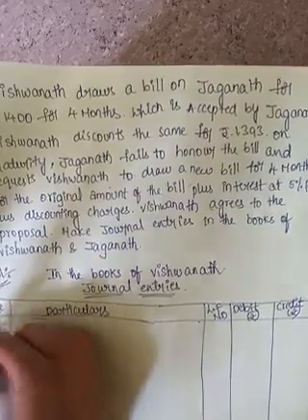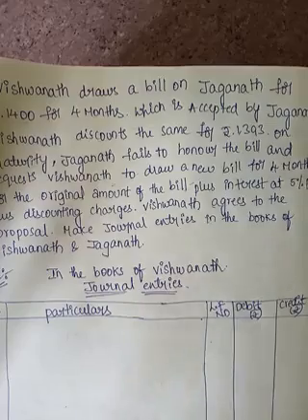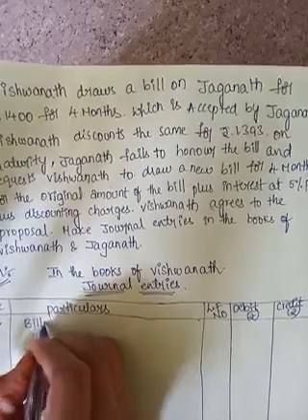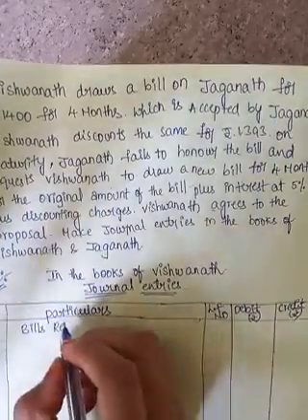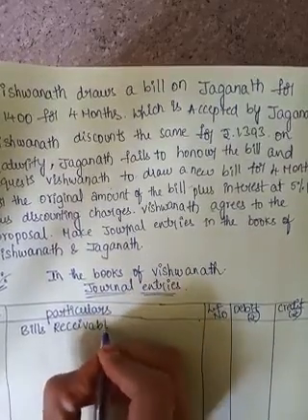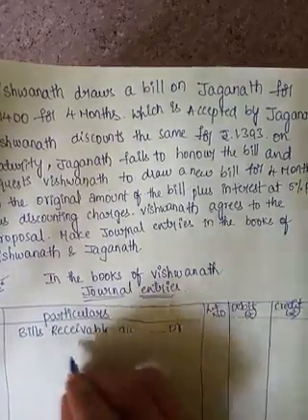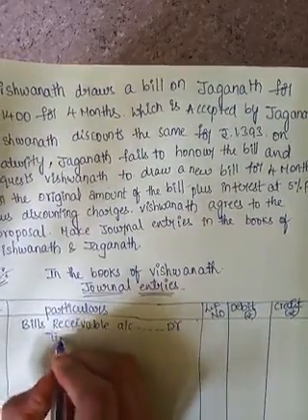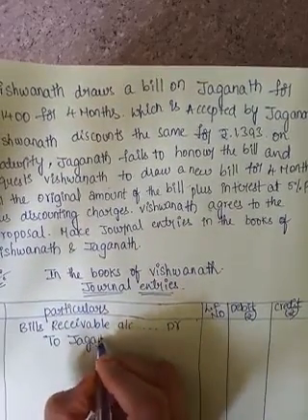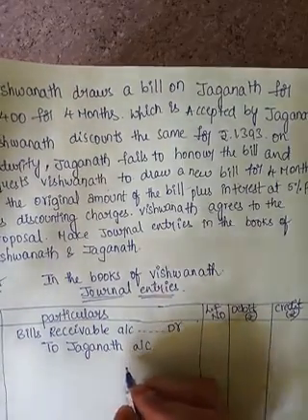Now the first journal entry is the bill drawn on Jagannath. For that, the entry is: Bills receivable account debit to Jagannath account.